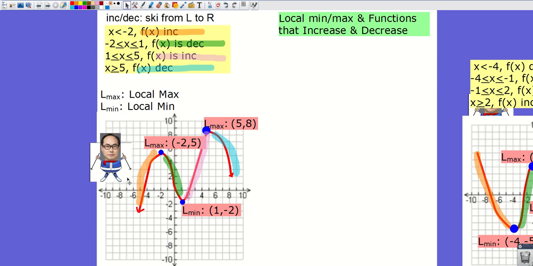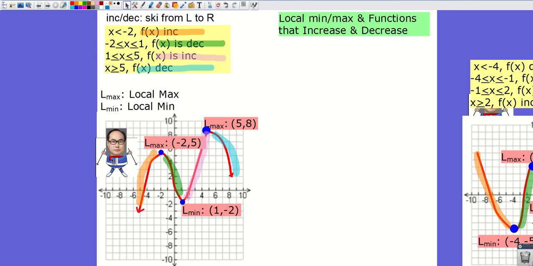If he's skiing from left to right, he's going uphill, then downhill, then uphill, and then downhill. So this is increasing, decreasing, increasing, decreasing.